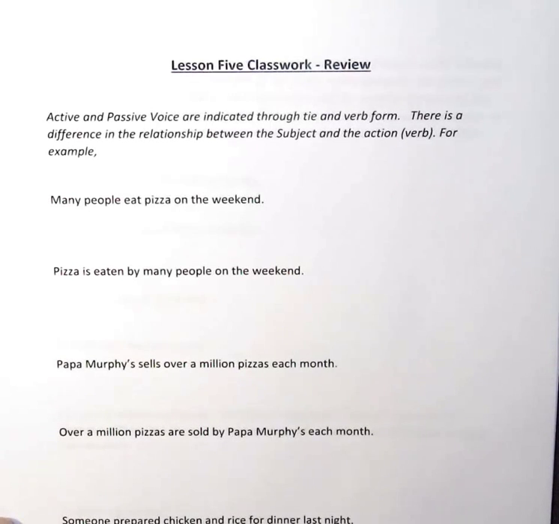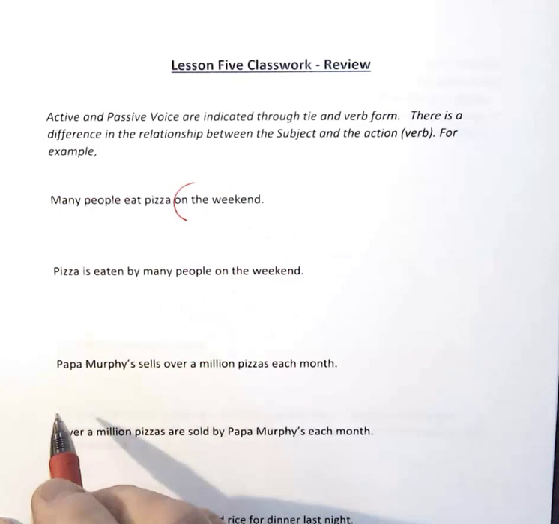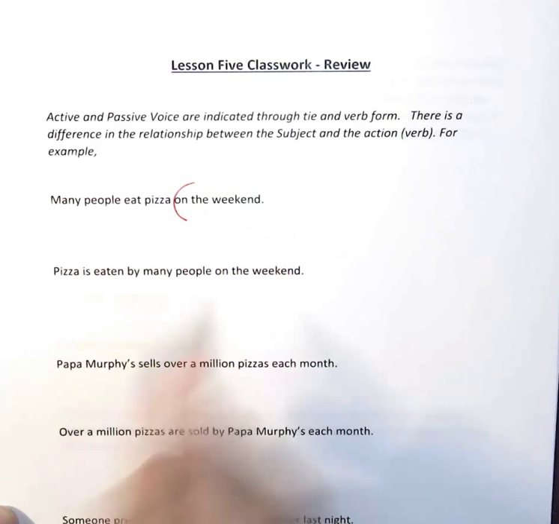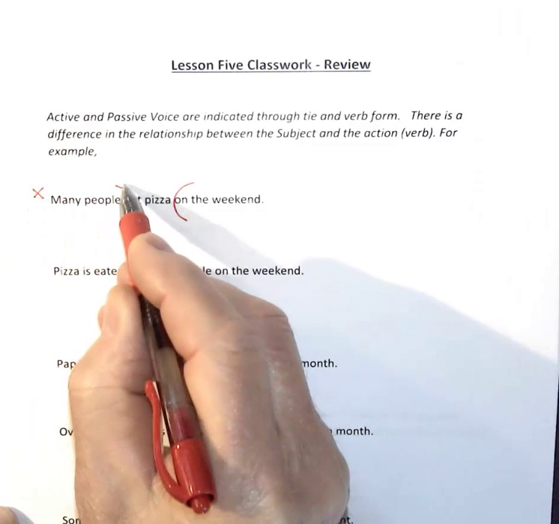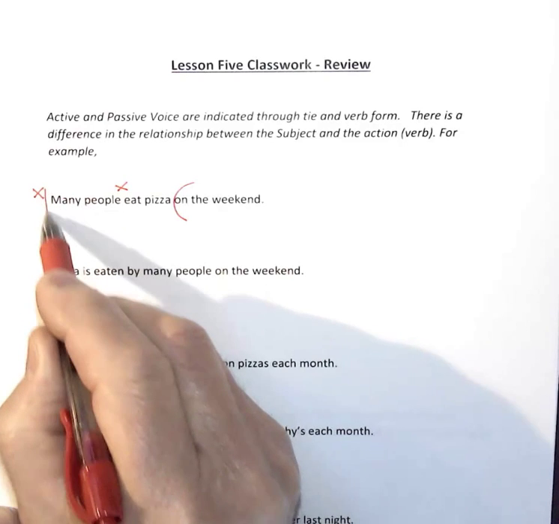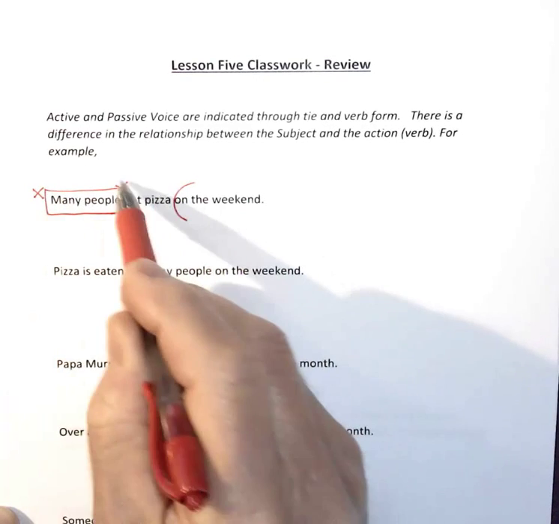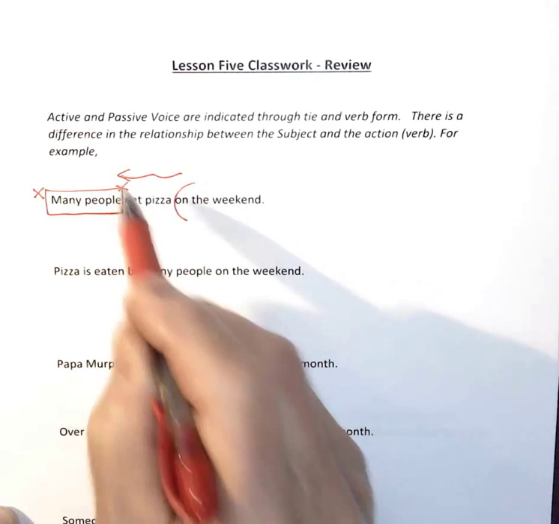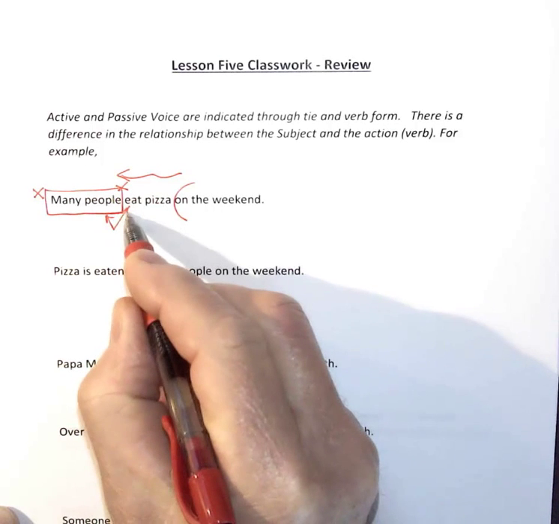For example, let's take a look at our first sentence. On the weekend, many people eat pizza. There's our shifter. The X word is do. Many people do not eat pizza. Do many people eat pizza? So many people is the subject. The predicate is eat pizza. Eat ties with the subject.